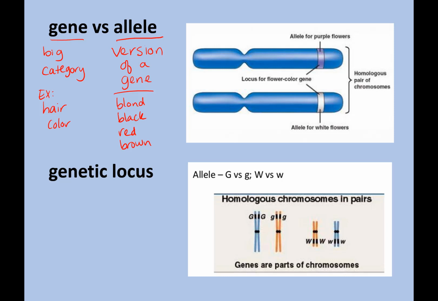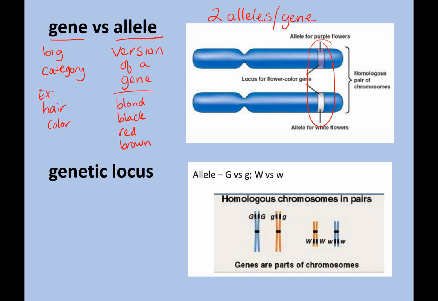Okay? And the alleles you have are going to determine your phenotype. And what I want you to realize is that you always and only have 2 alleles per gene, right? So you get 1 allele from your mom, 1 allele from your dad. That makes 2 total.